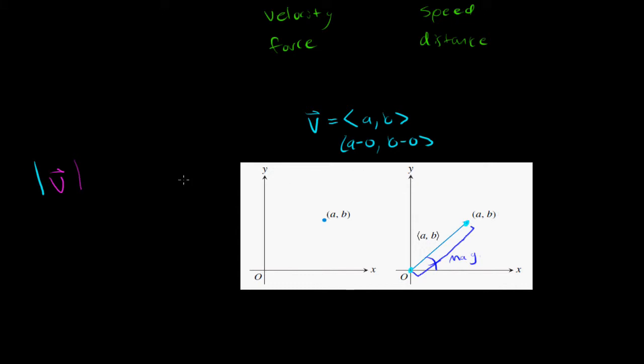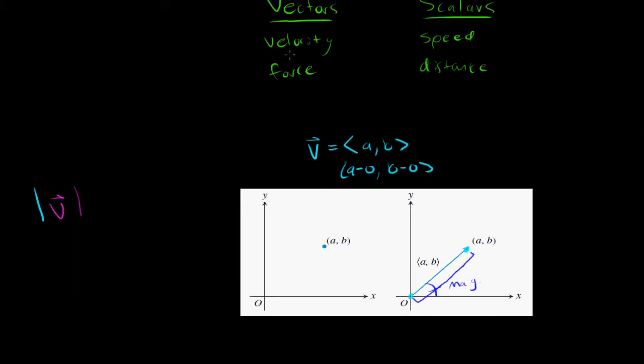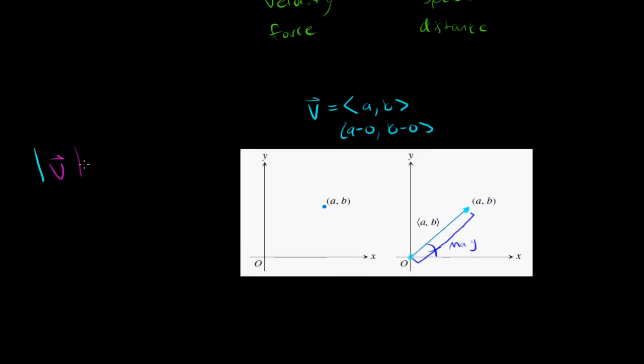The same thing applies here, because again, speed is just the magnitude of a velocity. The same thing applies here, except we use this equation where the magnitude is equivalent to a squared plus b squared.